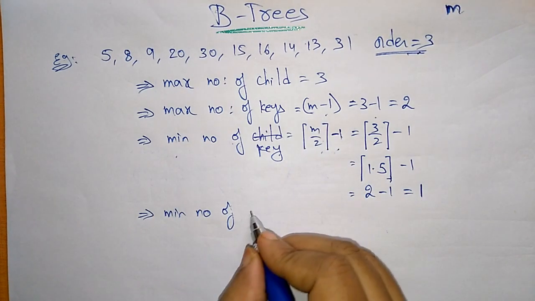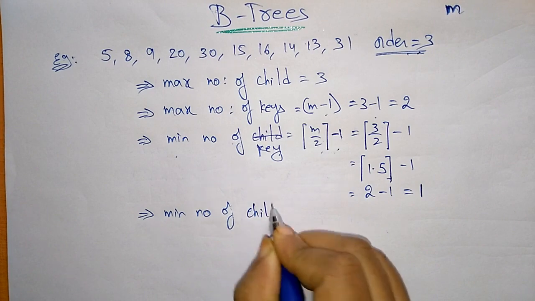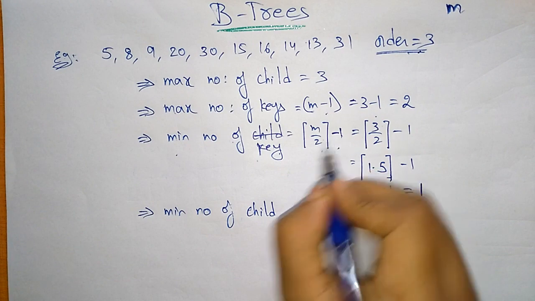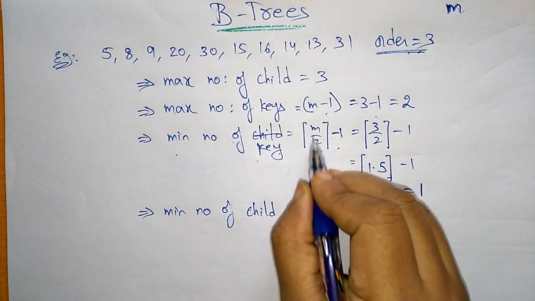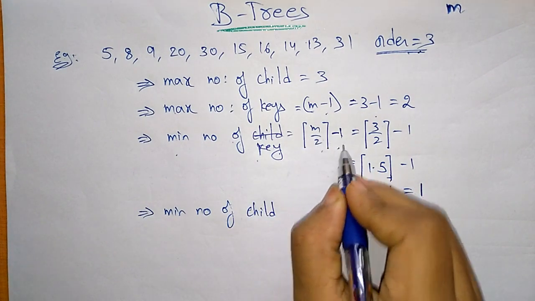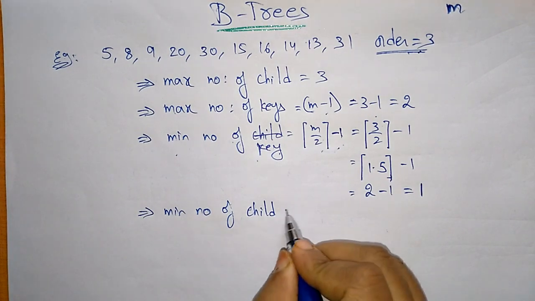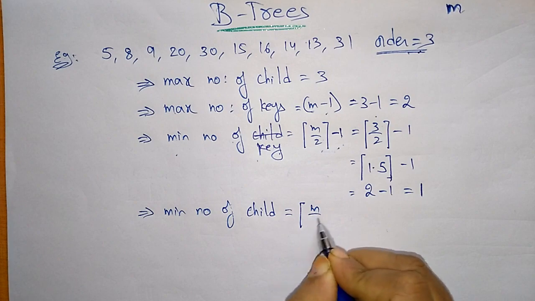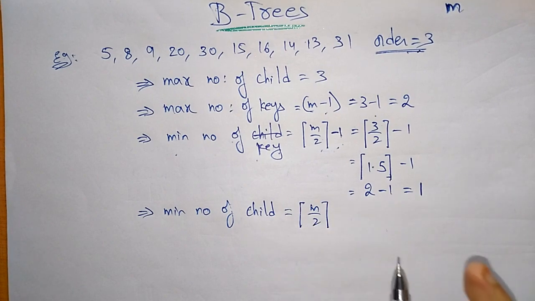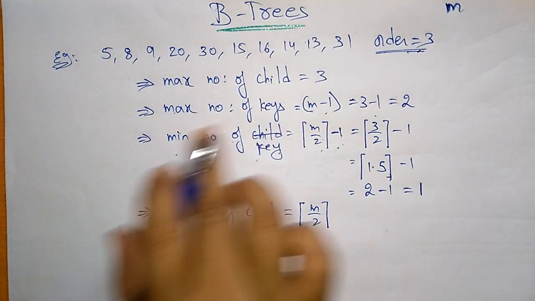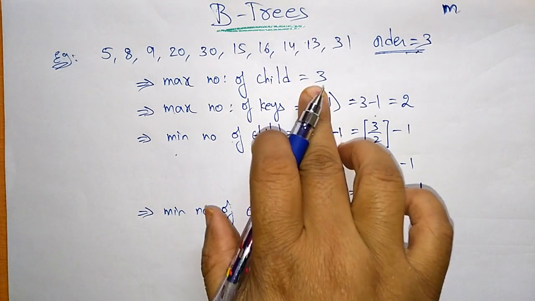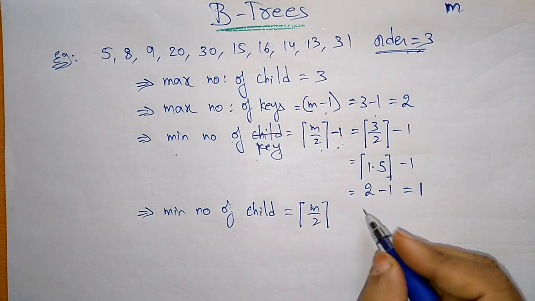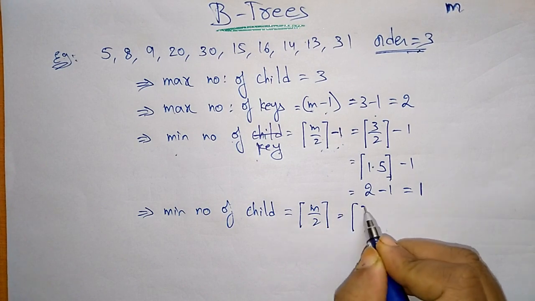Now see the difference for the minimum number of children: it is the ceiling of m by 2, only m by 2, not minus 1, because the maximum number of children is m, that is 3, and the minimum number of children is m by 2, that is 3 by 2.